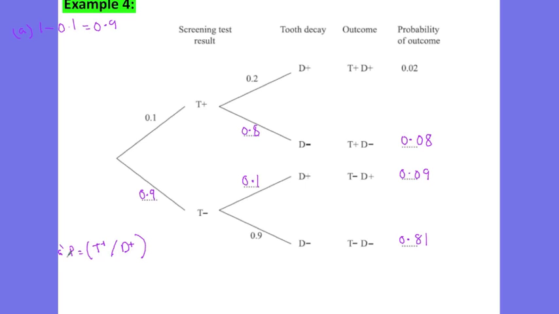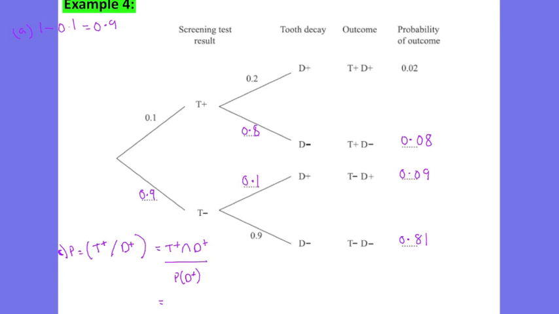This is part C, and this is what the question is asking of you. What's the probability, T plus, given the person got tooth decay, D plus? So here we can use our formula. We're looking at the probability of them both happening dividing by the probability of tooth decay.